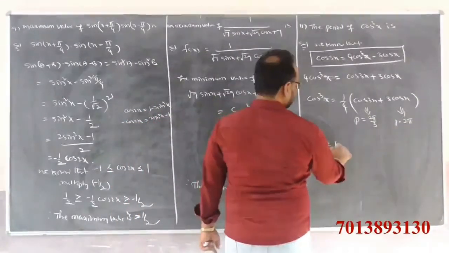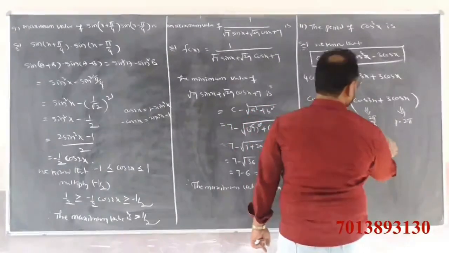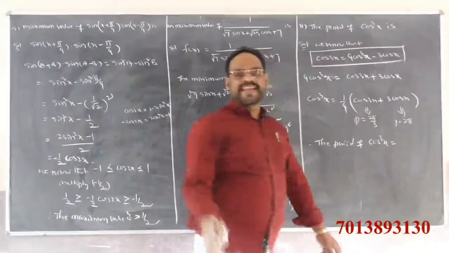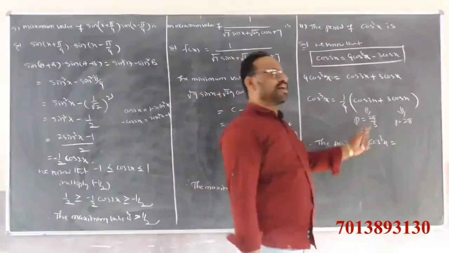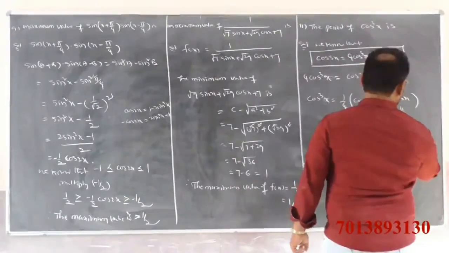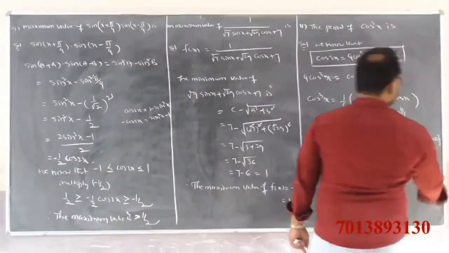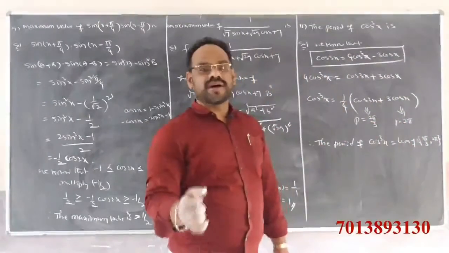Therefore, the period of cos cube x is equal to LCM of 2 pi by 3 comma 2 pi.